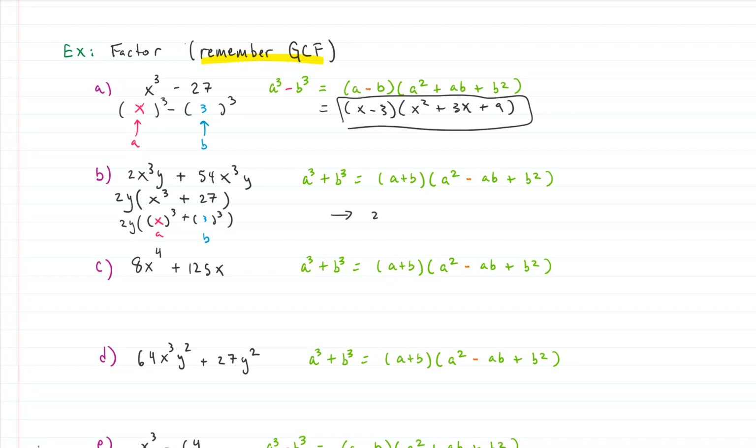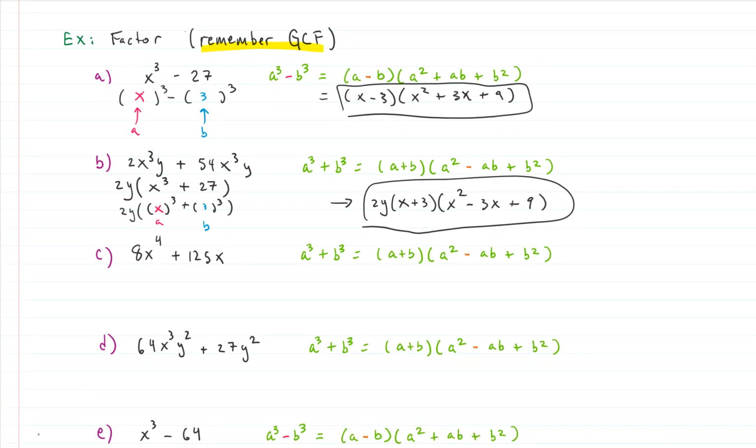So we have the 2y hanging out front, and we have a plus b, so that's x plus 3. And we have a squared. A is x, so that's x squared, minus a times b, which is 3x, plus b squared, which is 3 squared, which is 9. And we're done.